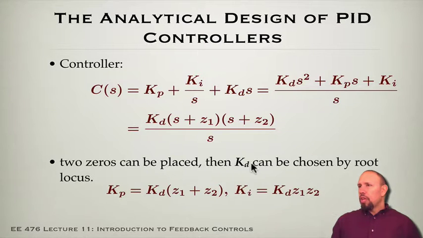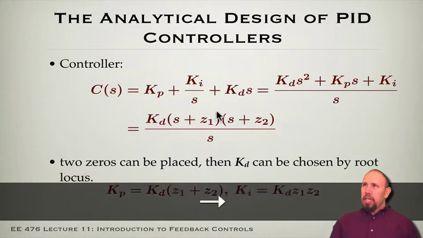The two zeros can be placed, and then Kd can be chosen using a root locus tool, for example. Once you have the two zero values and the gain value, we can work backwards to find Kp and Ki. This is how we would design a PID controller. In EE314, we talked about this, using root locus, for example the RL tool in MATLAB, to do this kind of control design. That's the analytical design of PID controllers.